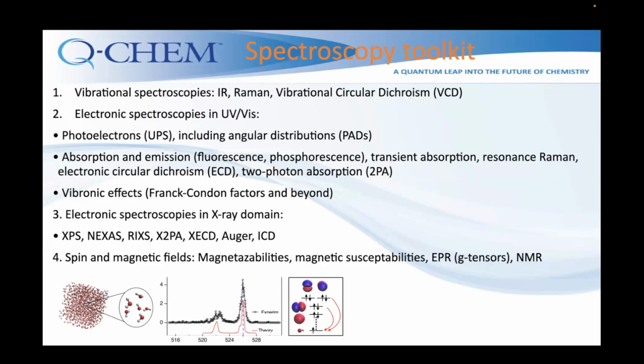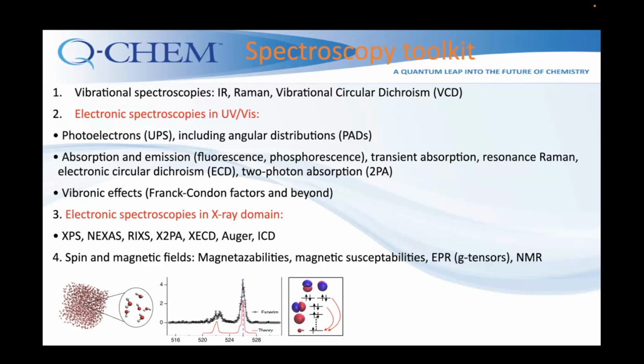I decided to focus on electronic spectroscopies, highlighted here: two types of electronic spectroscopies in the UV-Vis domain that probe different types of transitions between valence states, and electronic spectroscopies in the X-ray domain that, by the name, use X-rays, and they deliver a different type of information.